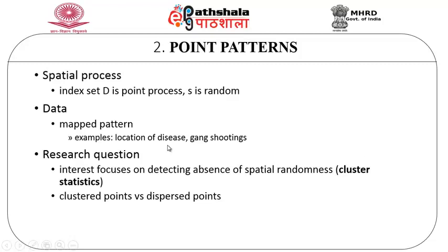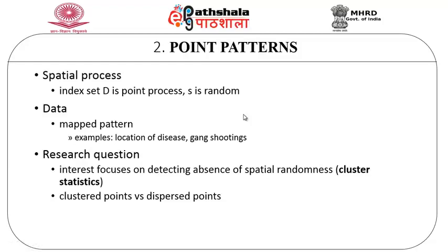The next one is the point pattern. In a point pattern, the spatial process is such that the index set D is represented as a point process where S is random and the data are being mapped as patterns.